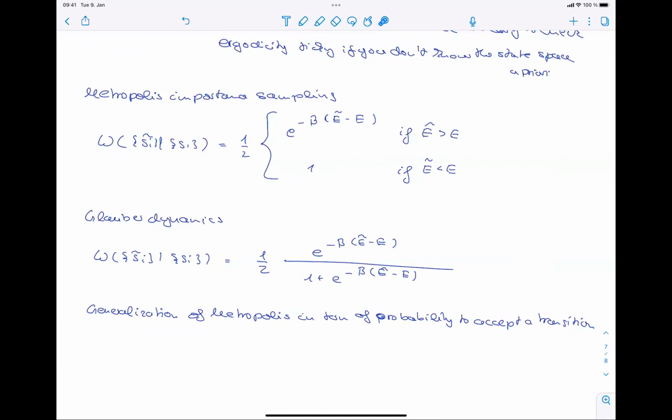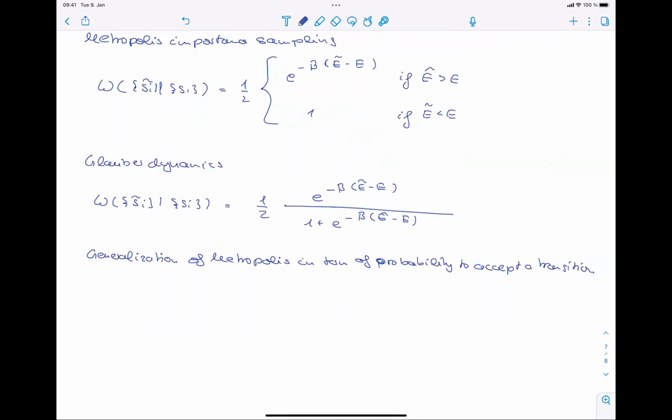If it's higher energy, I only move with this low probability. And so it can be written as an acceptance probability of a state, which is given by the minimum of 1 versus e to the minus beta E tilde minus E.